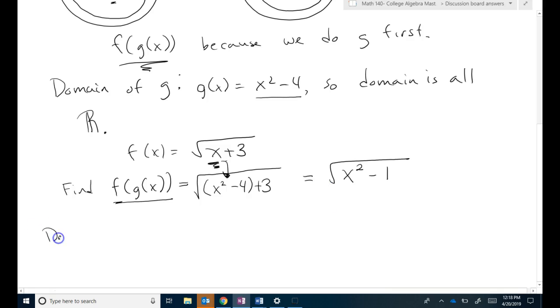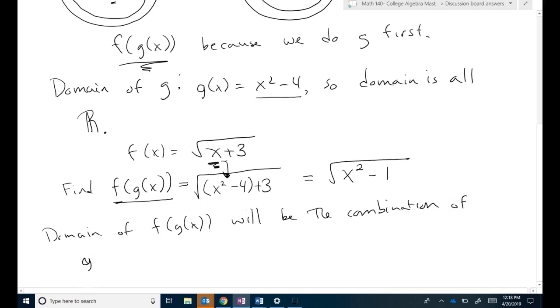Now the domain of f of g of x will be the combination of g of x's domain and f of g of x's domain. We call that, actually, it's going to be their intersection. Okay, say the intersection.